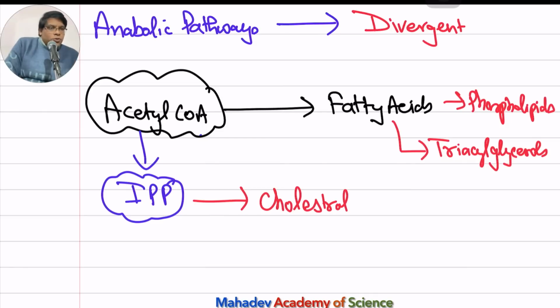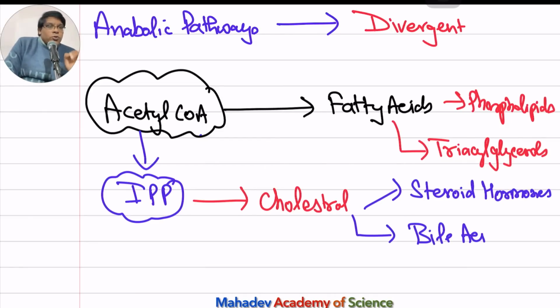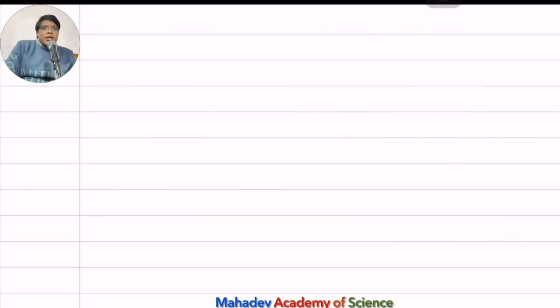And from cholesterol, you can see the synthesis of steroid hormones, or you can see the synthesis of bile acids. So here, from one biomolecule, acetyl-CoA, synthesis of many other biomolecules. So keep in mind, anabolic pathways are divergent in nature.